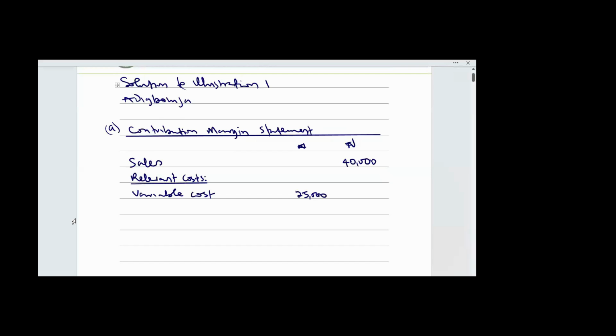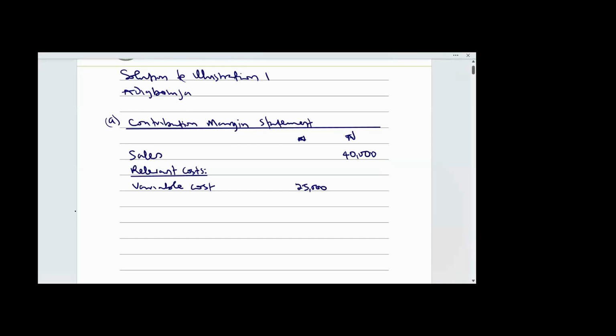All right. So direct fixed cost is a relevant cost. So I'll come here, direct fixed cost. We are told 5,000 naira will be saved. This is 30,000, minus 40,000, 10,000.